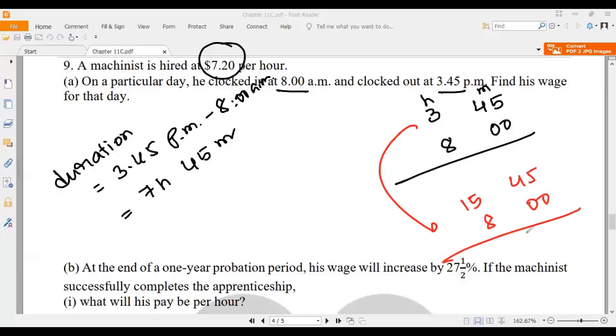Then 15 minus 8 is 7, so 7 hours, 45 minutes. He worked 7 hours, 45 minutes that day.